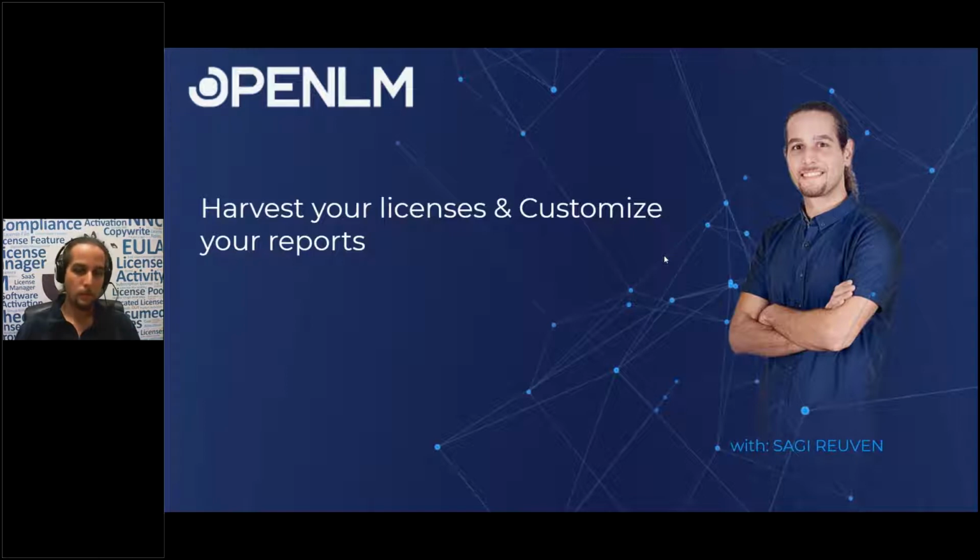The second part, we'll focus on the reporting part of OpenLM. Now OpenLM has embedded reports. It has the OpenLM reports, which most users are perfectly satisfied with. But sometimes we get clients asking for different types of aggregation. We get clients asking for different types of reports.